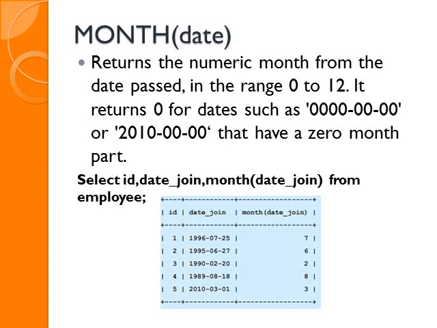Example, SELECT ID, date_join, MONTH(date_join) FROM employee. You can see the output on the slide. It will give you only the month in the third column from the date of joining.